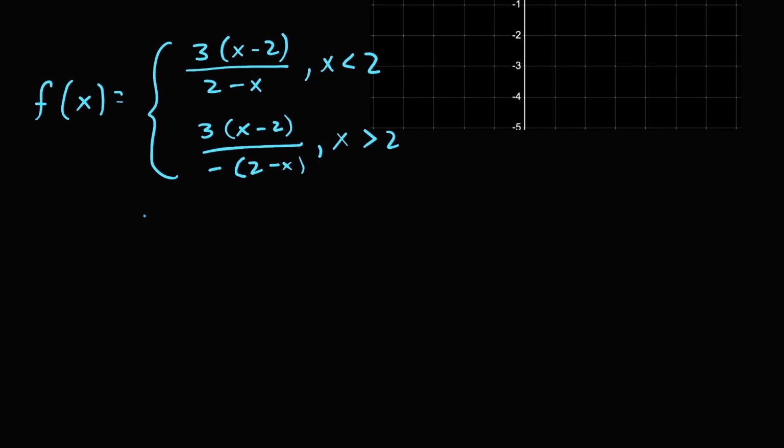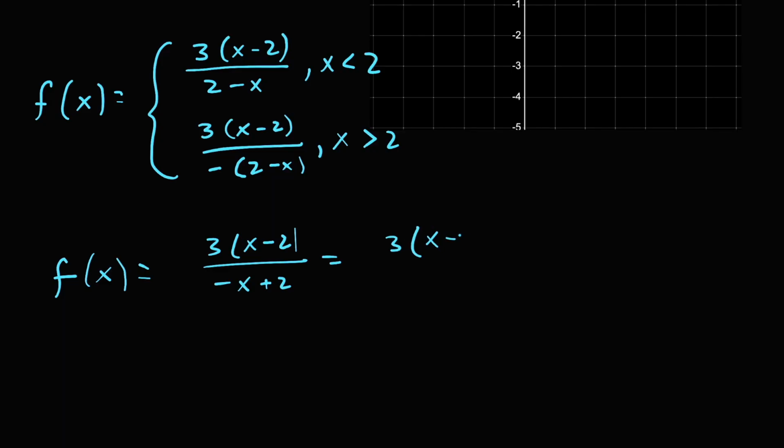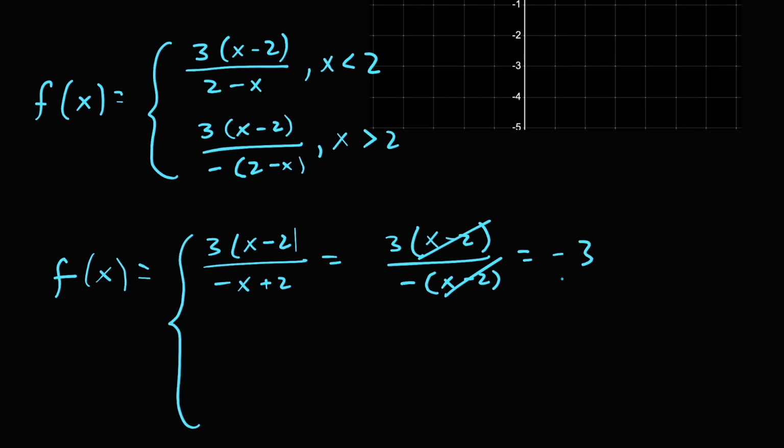But now let's clean this up a little bit more and see what happens. So 2 minus x can be rewritten as -x plus 2, which would be 3x minus 2, which we can factor out a negative of x minus 2. And x minus 2 cancels, so we're left with -3. So that's for the top piece.